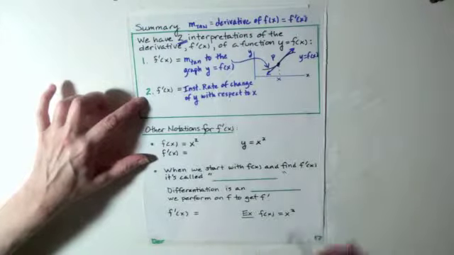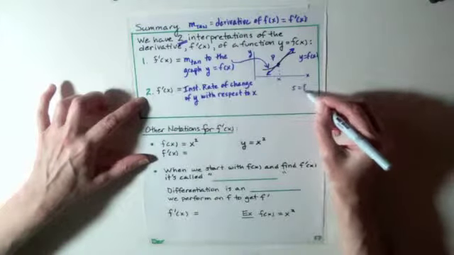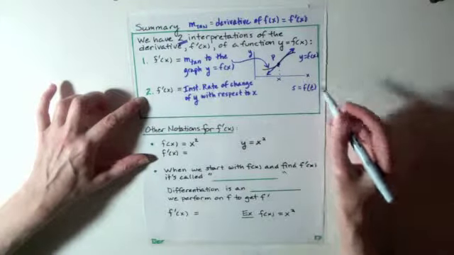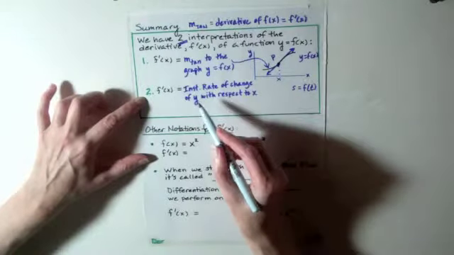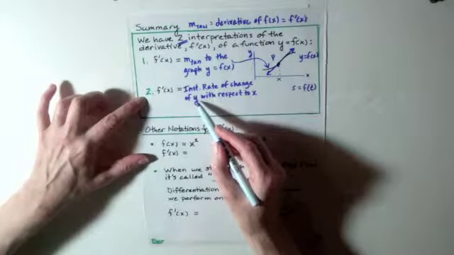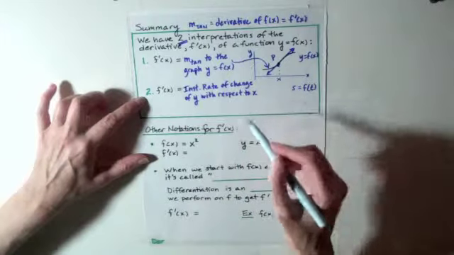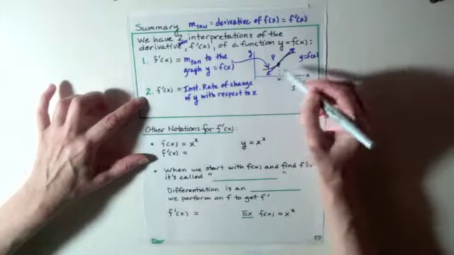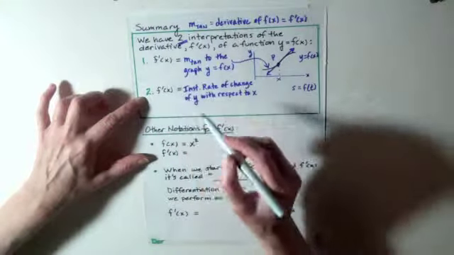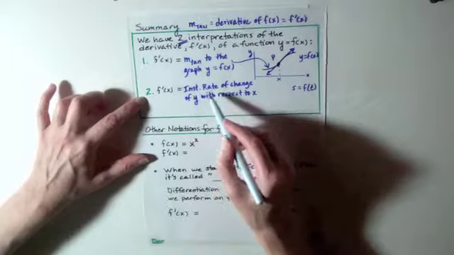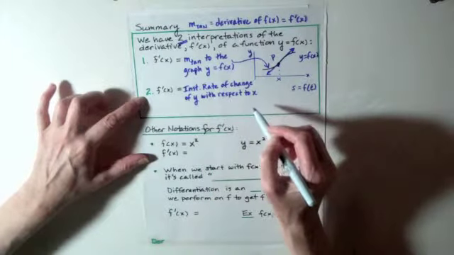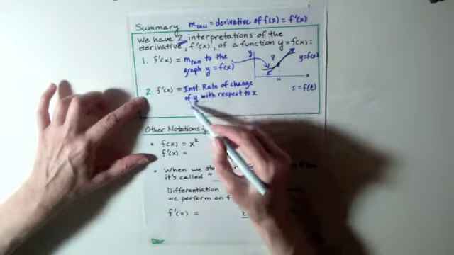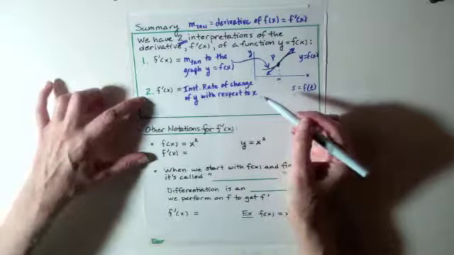If we were talking about an s equals f of t curve, a distance equals some function of time curve, it was the instantaneous rate of change of s, the distance or position, with respect to time, which is also called the velocity, the instantaneous velocity. But in this more general setting, f prime of x will be interpreted as the instantaneous rate that y is changing with respect to x. It's the instantaneous rate of change of our output variable with respect to our input variable.